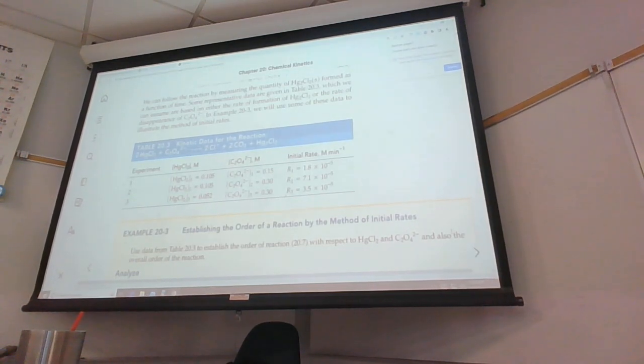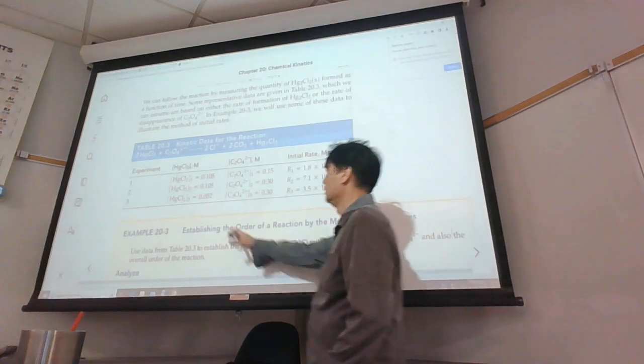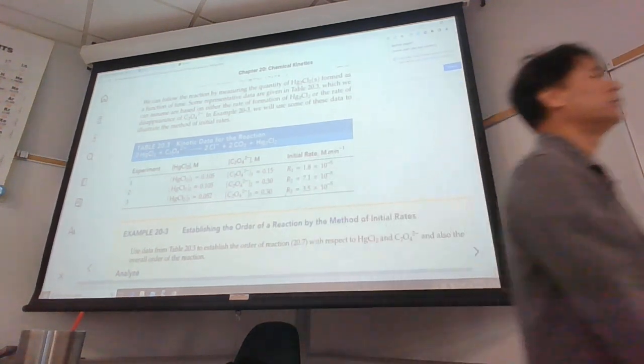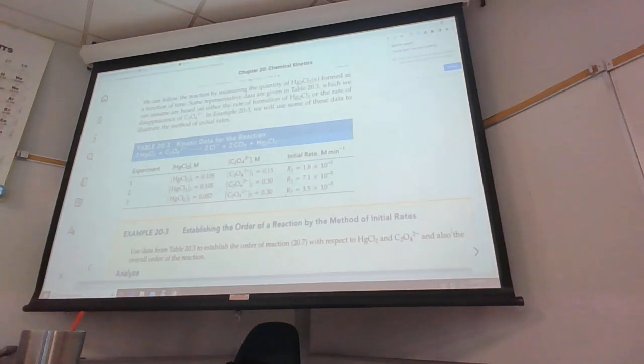The rate law is going to equal k times the mercury(II) chloride concentration to the m times the oxalate concentration to the n. So we held the mercury the same, doubled the oxalate, and we saw that the rate quadrupled. And so n must be equal to 2, because if we double this, it's 2 to the n, which is 2 squared, which is 4.